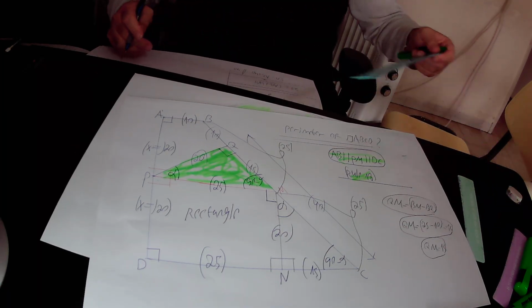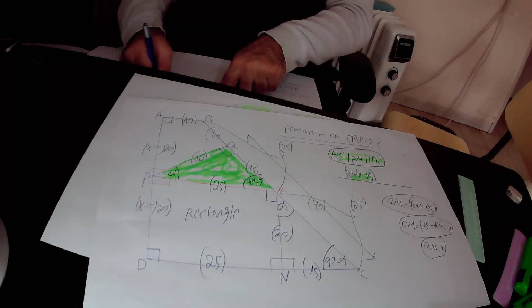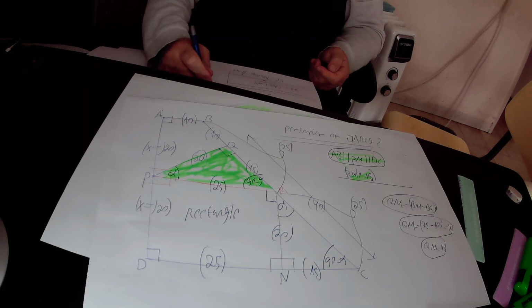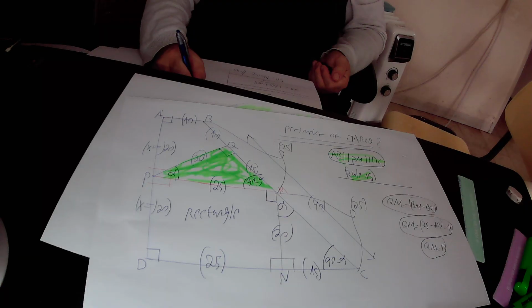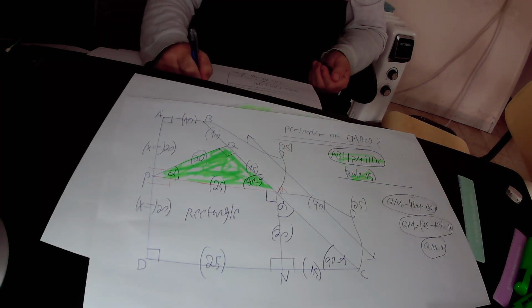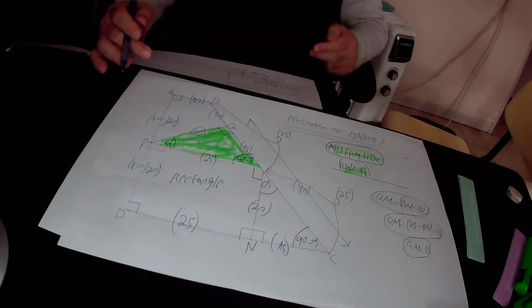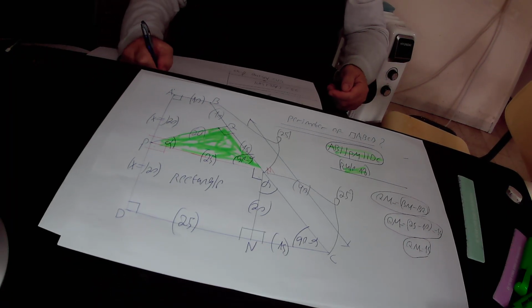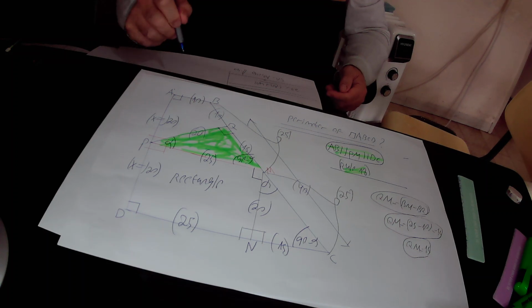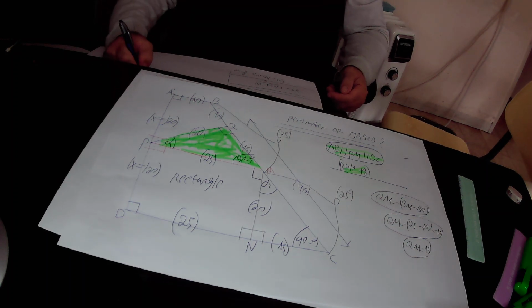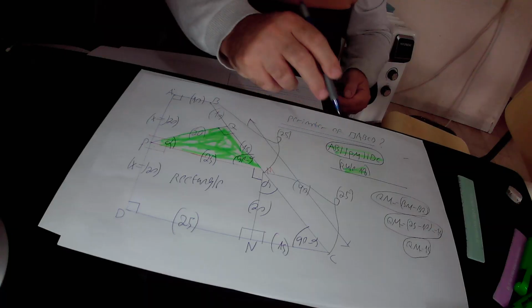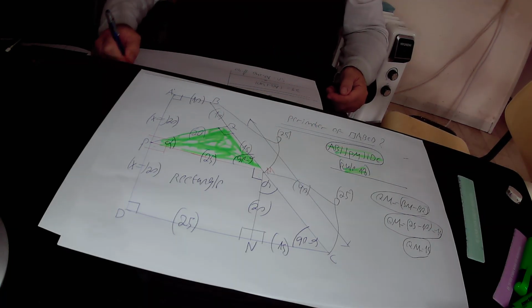So the perimeter of quadrilateral ABCD, or trapezoid ABCD, in total is equal to the sum of its four side lengths. That is to say, it is AB plus AD plus side DC plus side BC.